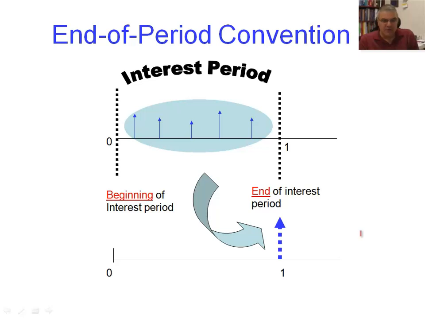So the interest period is not necessarily at the end of the year. It could be calculated daily or monthly or quarterly or every 6 months or what have you.